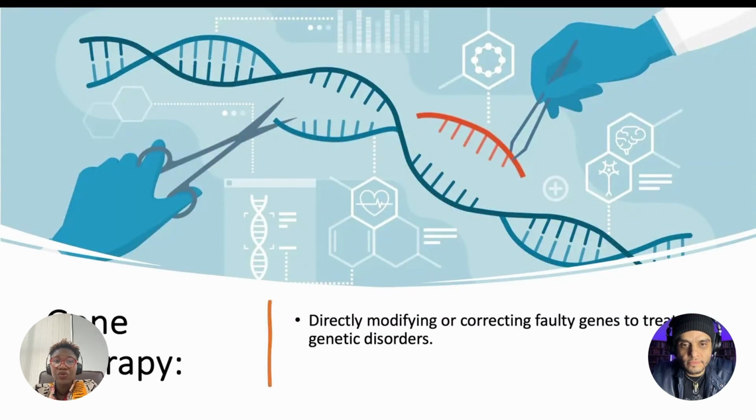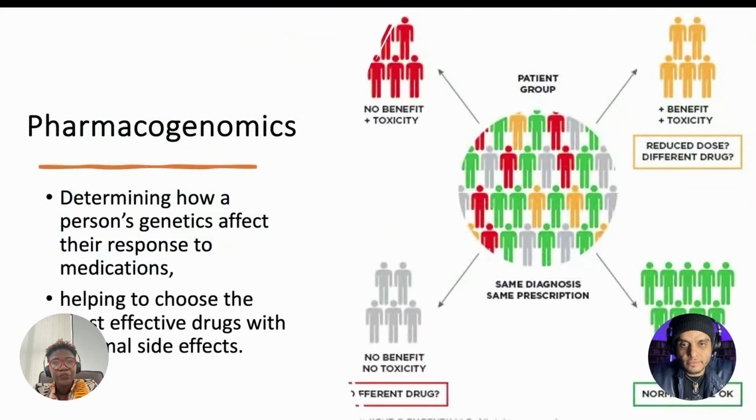There's gene therapy, a huge area of research right now, to correct certain genetic conditions, and it's been demonstrated with sickle cell, for example. Now, one area that's really interesting is pharmacogenomics. When it comes to medications and all these other compounds we take in, the way they're metabolized is dependent on our genomic makeup.